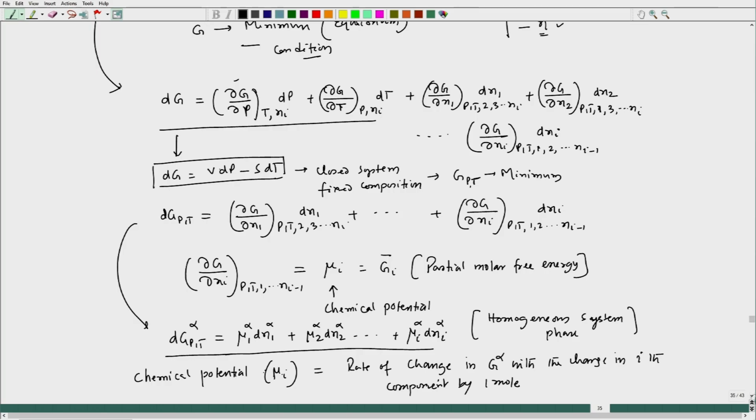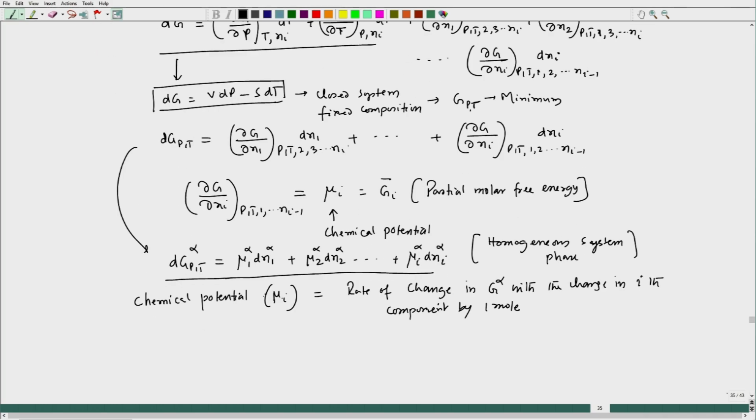Okay. Now, there is a condition. The size of the system is so large that the small addition of 1 mole or taking away 1 mole will not change the composition of the system. That is the assumption we are taking.